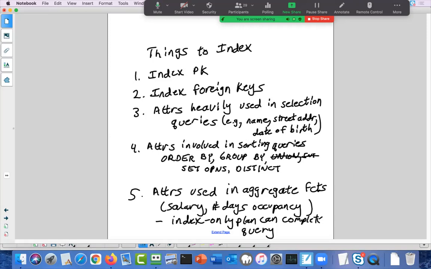So these index-only plans are very useful for aggregate operations because often an index is all that is required to satisfy a query involving an aggregate operation. So those are things that we often index. Any questions about that?